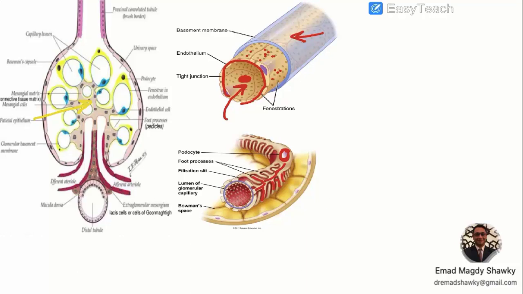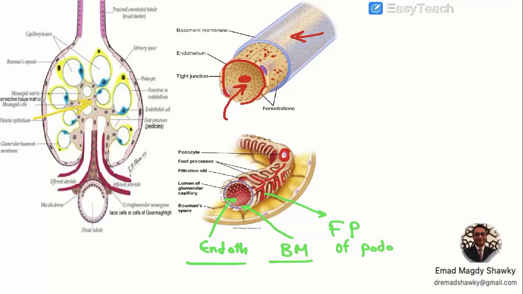So the filtration barrier now is composed of this layer of fenestrated endothelium, and this blue layer of basement membrane, and these foot processes of podocytes or the epithelial layer.